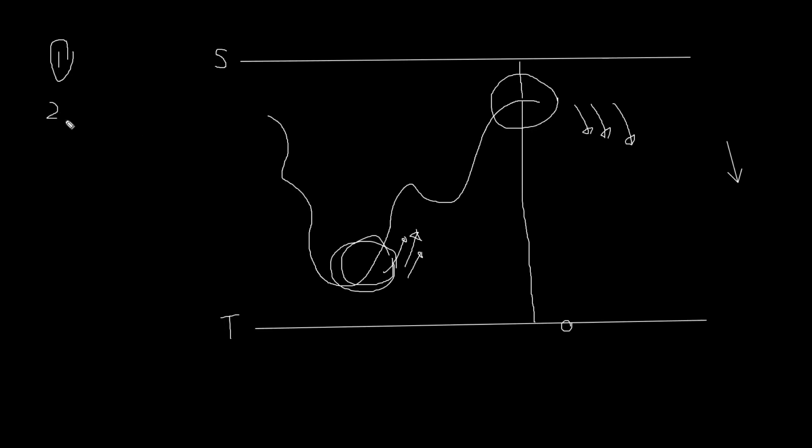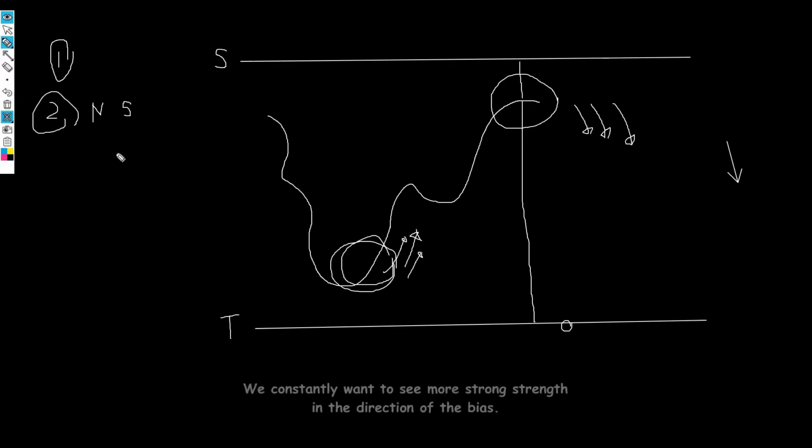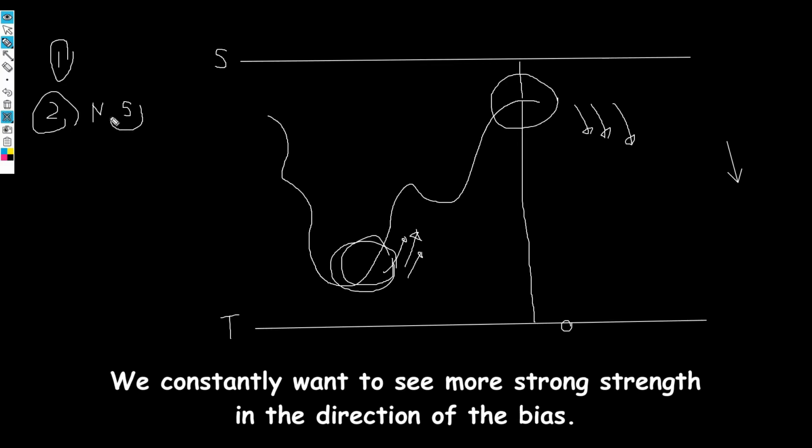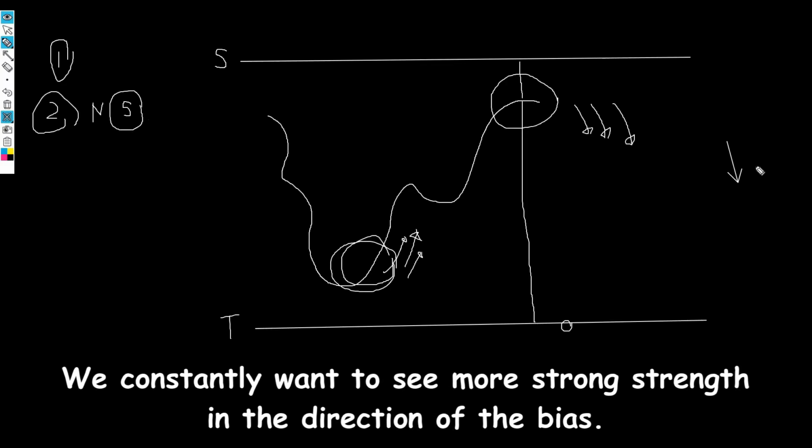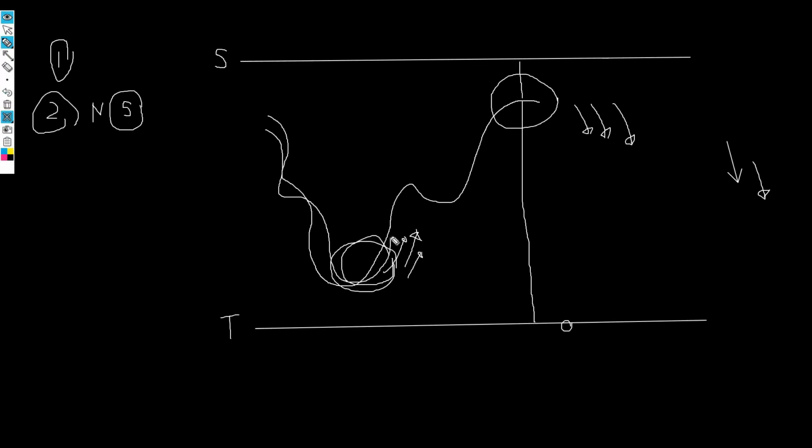And number two is, again, if there's normal strength and strong strength, we constantly want to see more strong strength in the direction of the bias. Now that's in the entirety of this price action, all throughout.